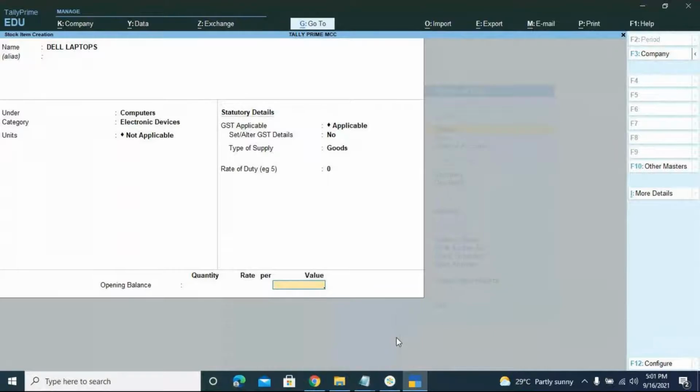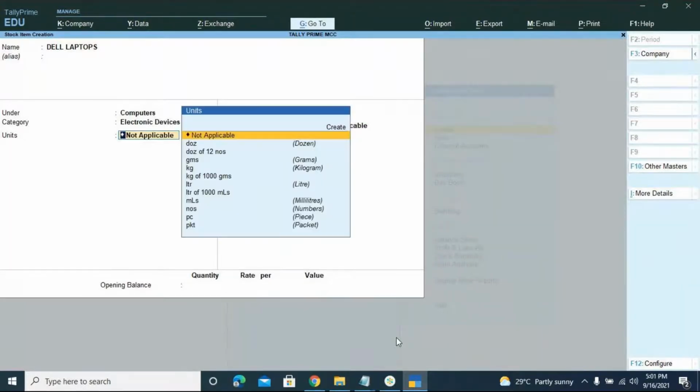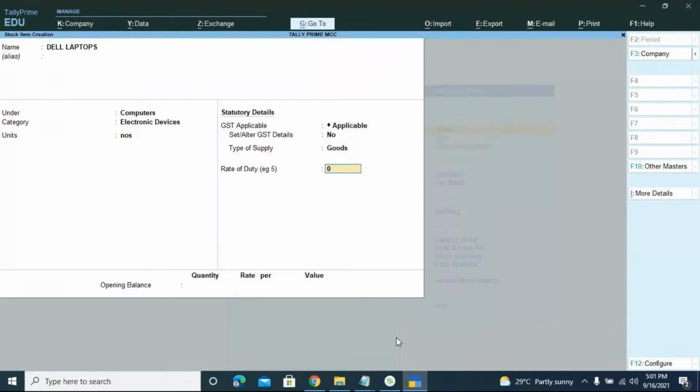I cannot just say Dell laptops. I should quantify how many numbers, how many pieces, yes? Suppose instead of not applicable, I give numbers. Yes, so now it will take me to the quantity aspect.